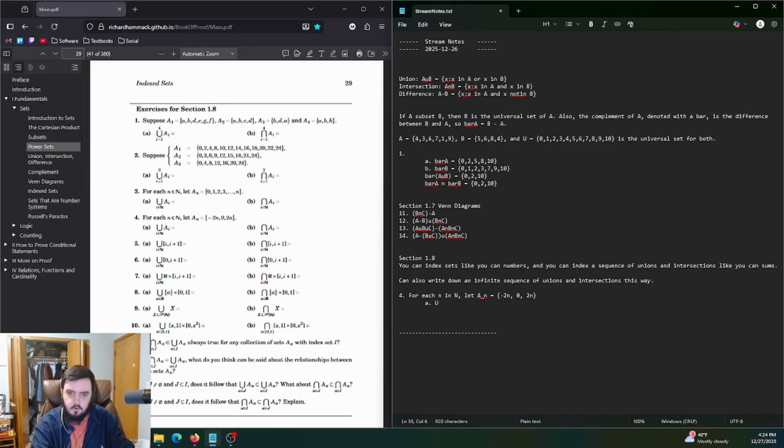Big union, I in N, of A sub I. I don't know how to do this notation. It doesn't really matter. It can be ugly. The union over I in N of A sub I is the union of all of these, a series of sets, such that negative 2n to 2n.